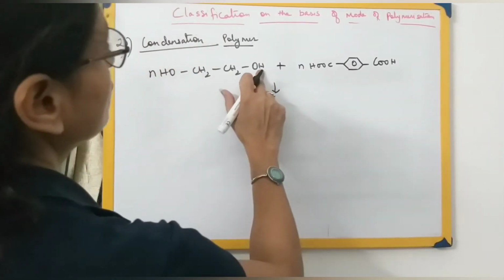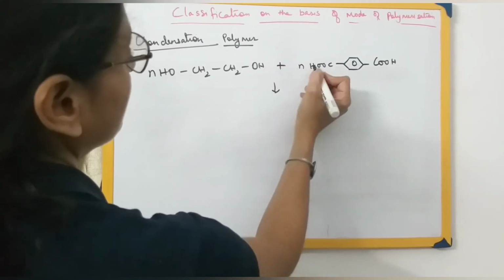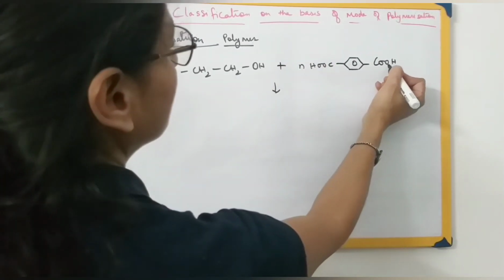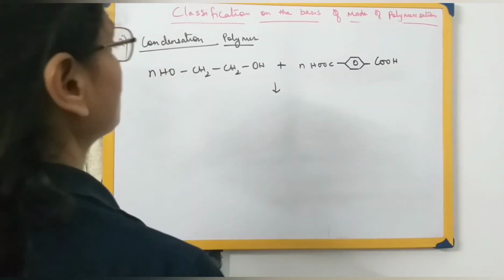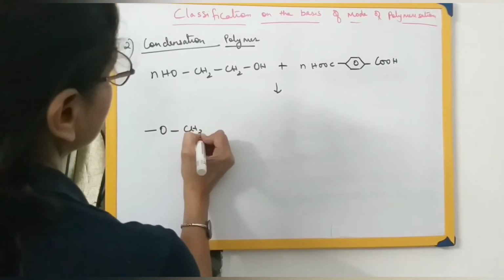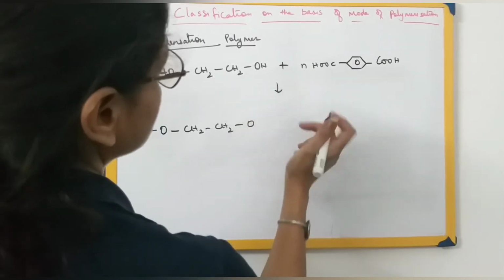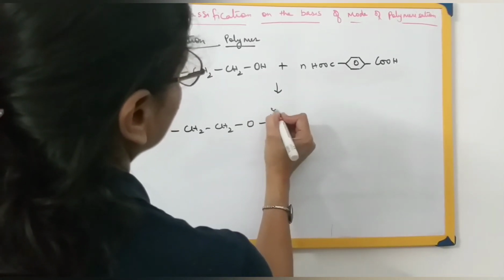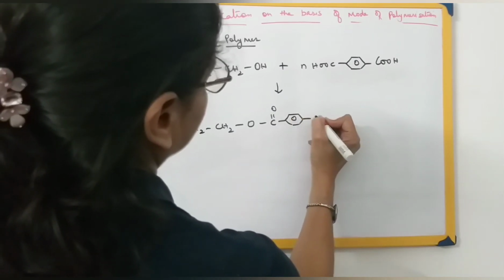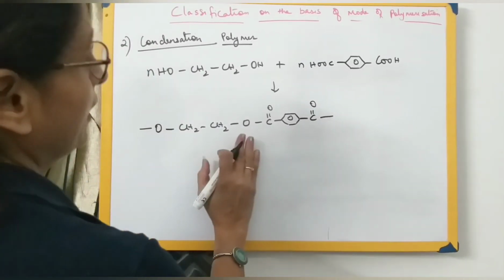From here also the water molecule, that is OH and this H, will get removed, and at the same time from here also OH and this H. So what we will be getting over here is O, CH2, CH2, O, and C=O, and this will also be C=O. So this is a repeat unit.